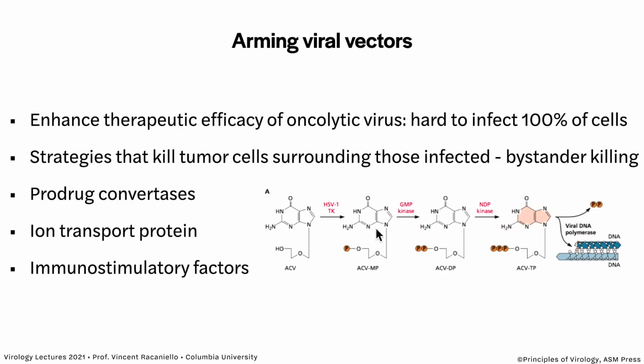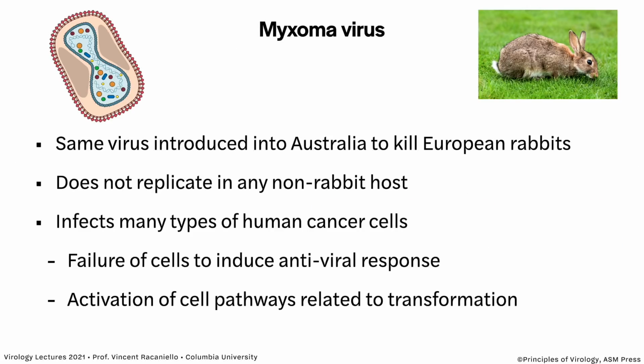But we put TK into our vector, and then we give the patient acyclovir. And if we've targeted the vector to tumors, it's going to make chain termination happen, and the drug will also potentially diffuse to other cells. Those are pro-drug convertases. We can also put ion transport proteins in, or immunostimulatory factors. We're going to see examples of this in a moment.